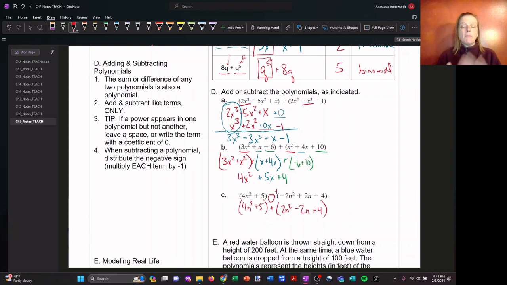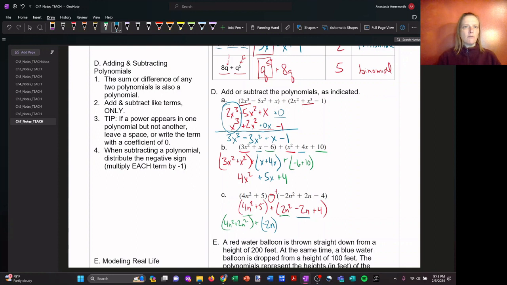Now this is an addition problem, and I can do it exactly the same way that we did in examples A and B. I'm going to group together 4n squared and 2n squared. And then I will group together, oh look, there's no n variable in this first polynomial, but there is here. So I'm not going to group that -2n with anything.